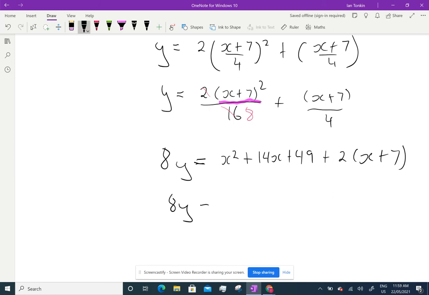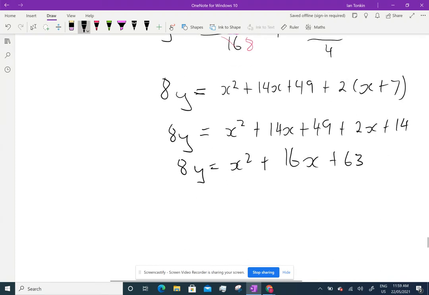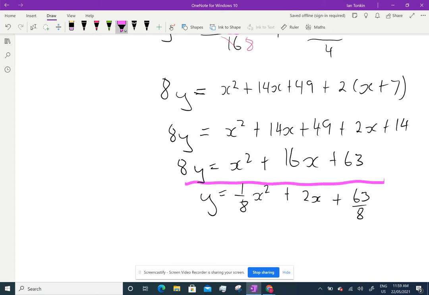So I get 8y equals x squared plus 14x plus 49 plus 2x plus 14. 8y equals x squared plus 16x plus 63. And that's how they write the answer in the back. I probably would have written it as y equals an eighth x squared plus 2x plus 63 on 8. But that's what they went with. This is the answer that they gave in the worked solutions.